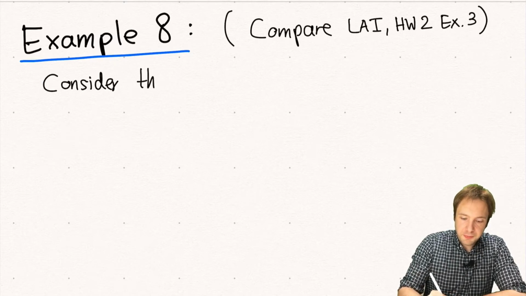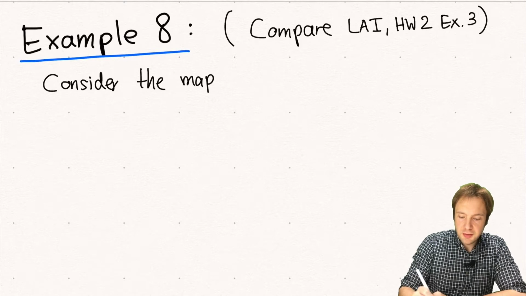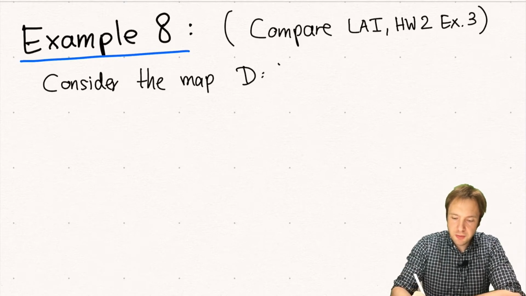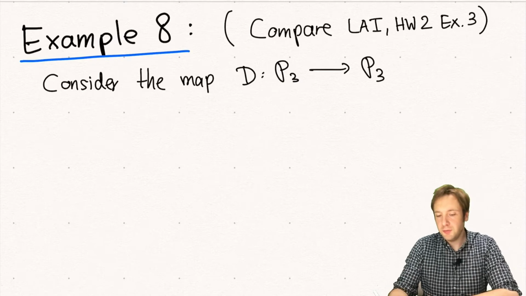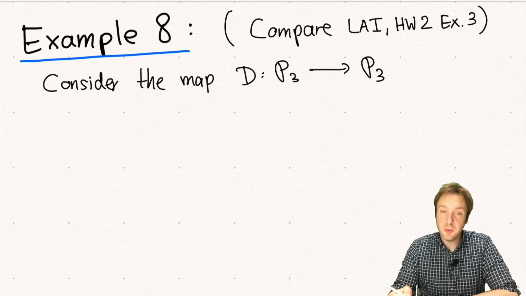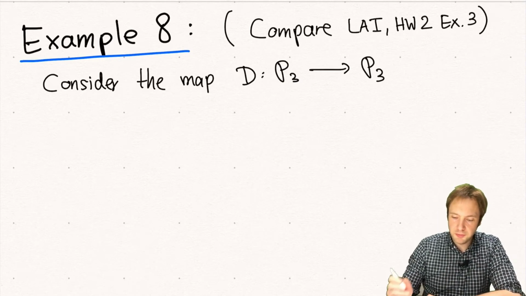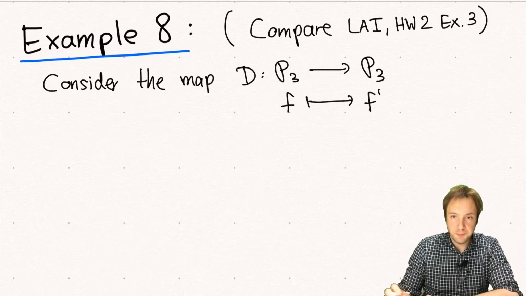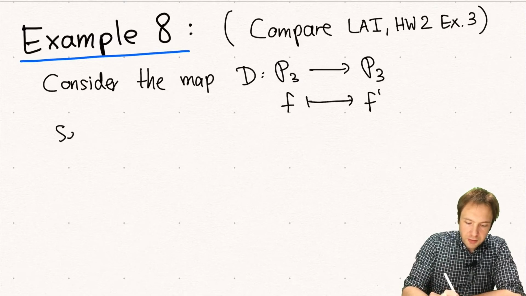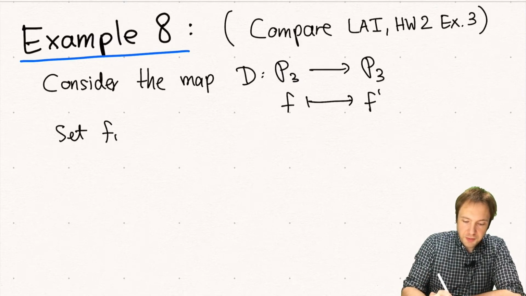So we consider the map D, which we had before, in this case now from P3 to P3. These were the vector spaces of polynomial functions of degree smaller or equal to 3. And we send f to its derivative, so f to f prime. And now we define a basis.